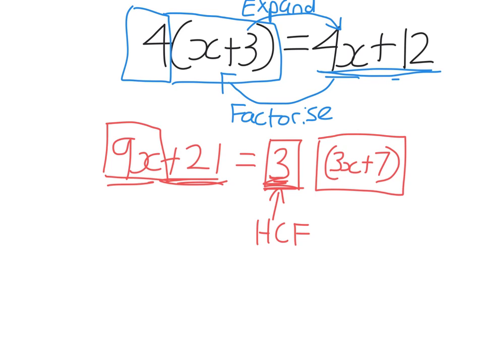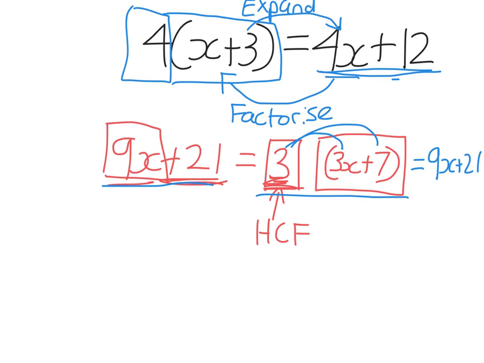So what's happened is I have now made this thing without brackets into something that has brackets, and it's something times something. If I were to expand this here, I would get my original expression of 9x plus 21, because expanding and factorizing undo each other exactly the same way that multiplication and division undo each other.